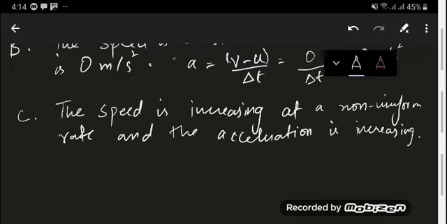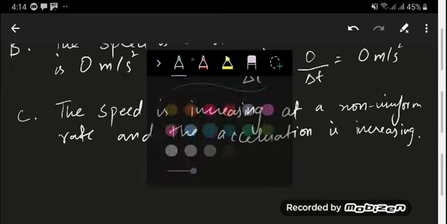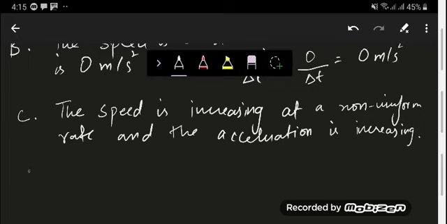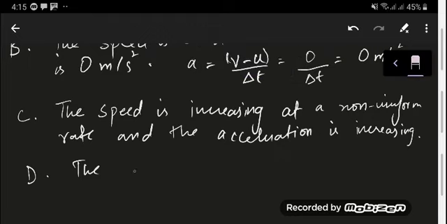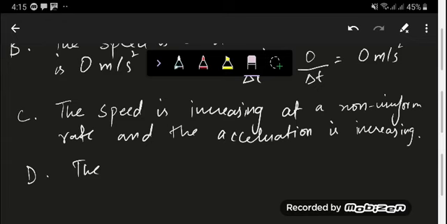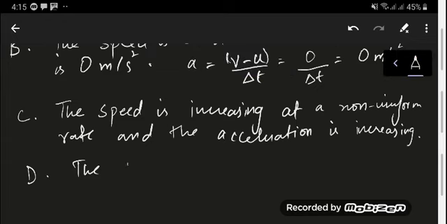So I'm going to write it here. Part D: the speed of the object is increasing at a non-uniform rate. You see the speed is not decreasing here, it is increasing.